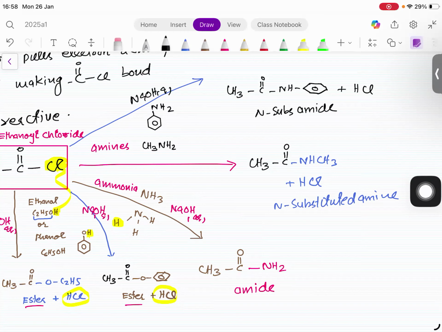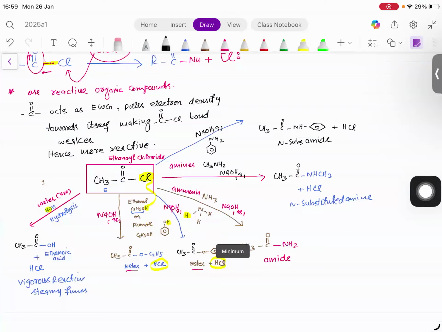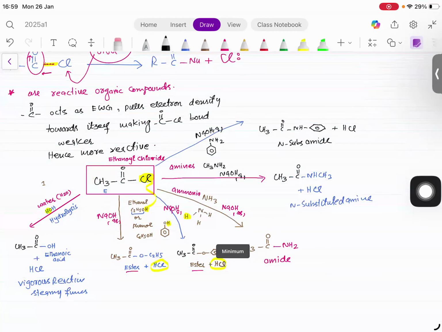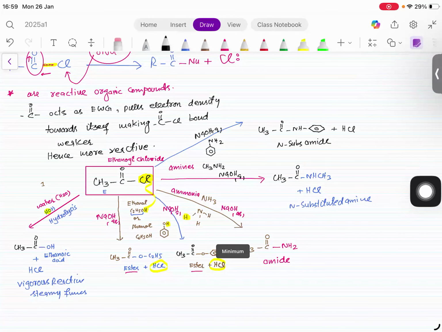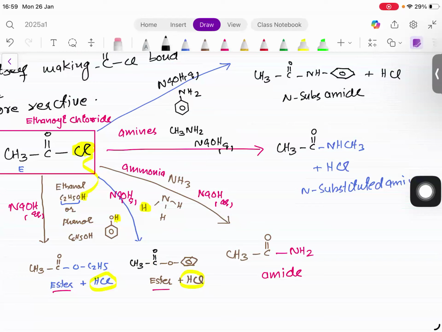So in order to neutralize the HCl, we need NaOH. So you see in acyl chloride reactions, in one of the reactions, the parent compound, the carboxylic acid, is formed, known as hydrolysis. In all of the other reactions, the other derivatives, amide, ester, and substituted amide are formed, right?